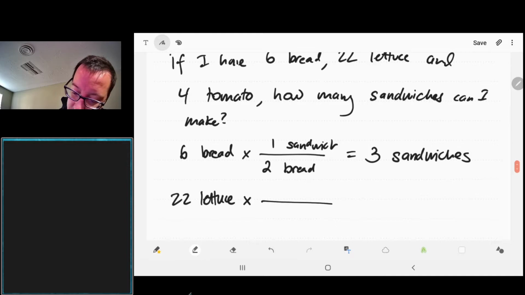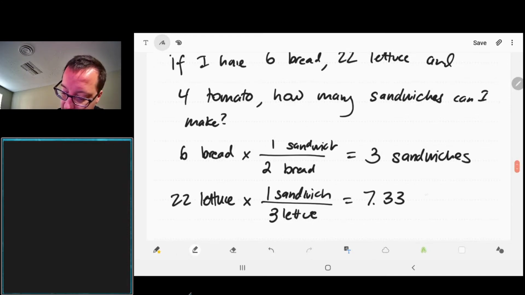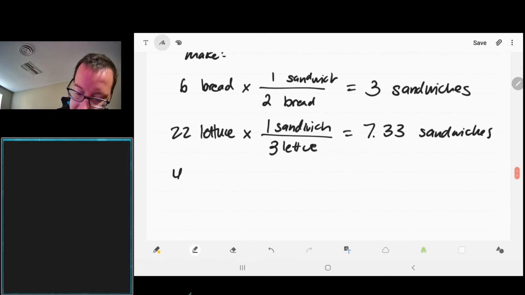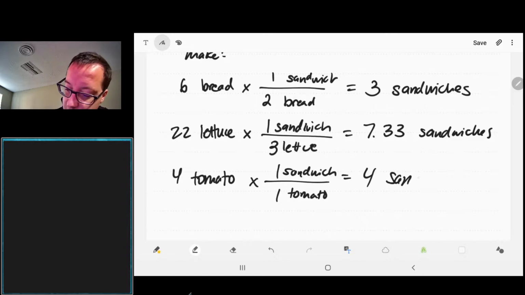I know that I can make 1 sandwich for 3 pieces of lettuce. And so that's 7.3 sandwiches. And lastly, I have 4 pieces of tomato. We know that we need 1 tomato per sandwich, so overall we can make 4 sandwiches.